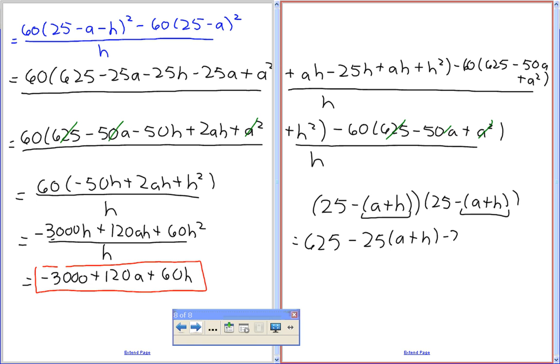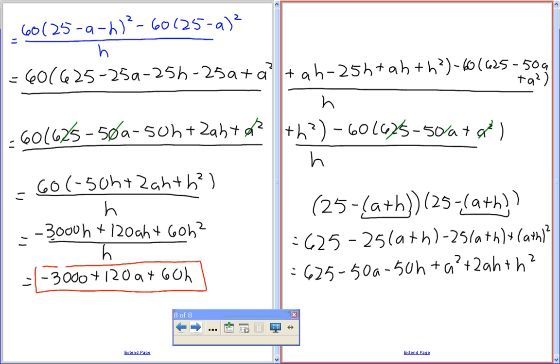And then minus 25 times A plus H plus A plus H squared. So that's how we FOIL that, which turns into the same thing, which is 625 minus 50A minus 50H plus A squared plus 2AH plus H squared, which is the same thing, right? And that's this line here matches this line here. Right? So whatever you find easier for yourself.